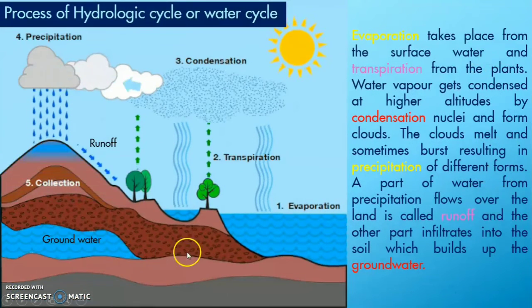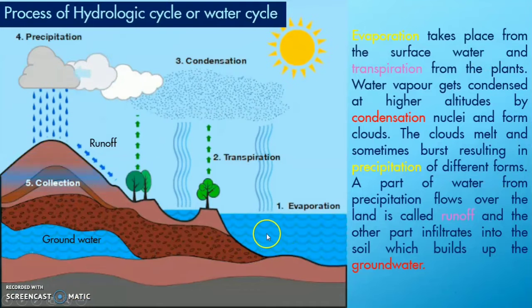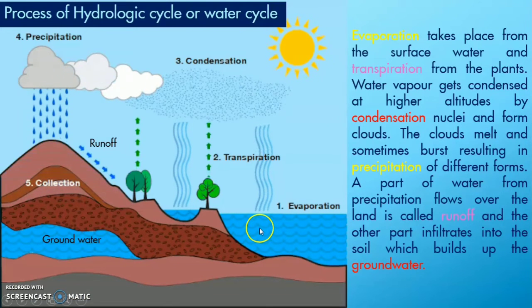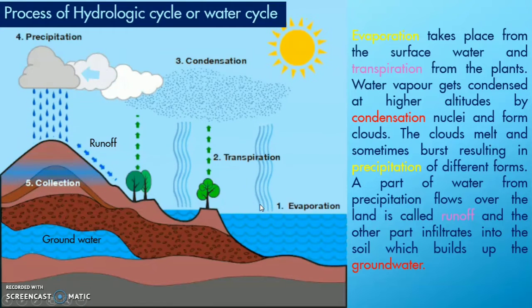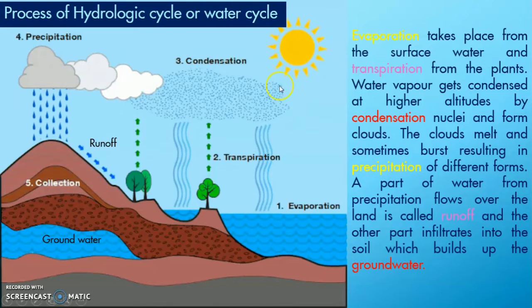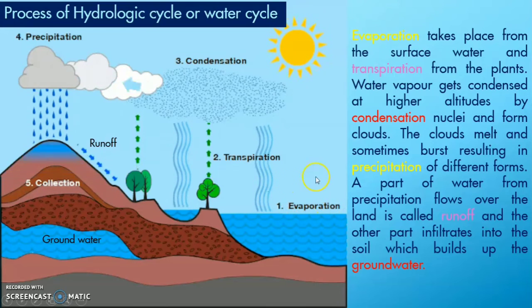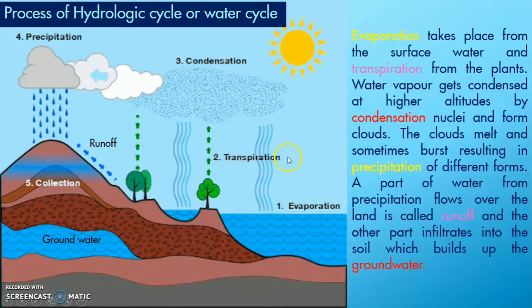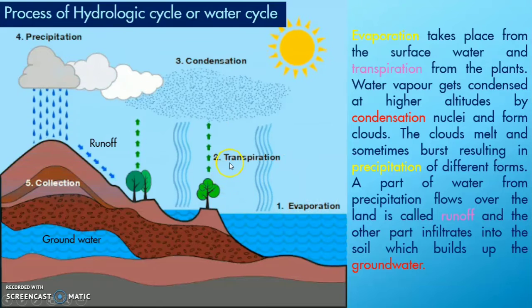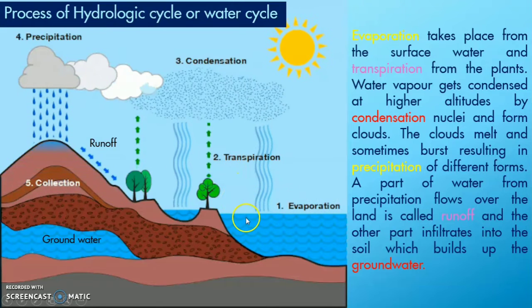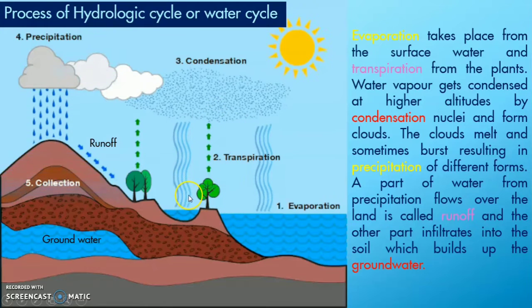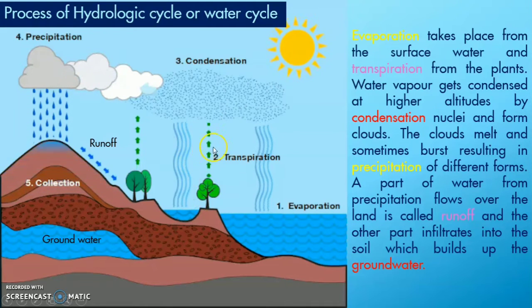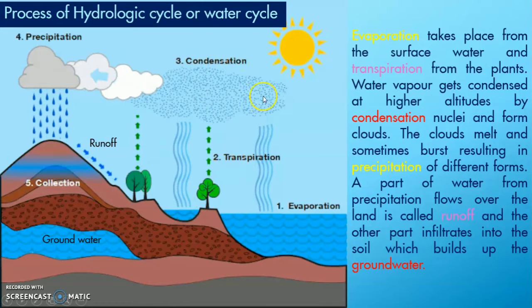Now let's see how the hydrologic cycle or water cycle works. Children, water cycle is a continuous process. Due to the heat of the sun, evaporation takes place from the surface water, that is from oceans, seas and other water bodies, and transpiration takes place from the plants. Now at this stage, water is converted into water vapor.